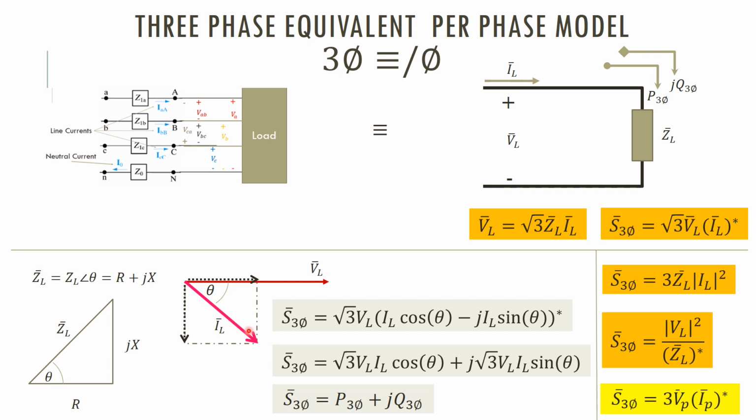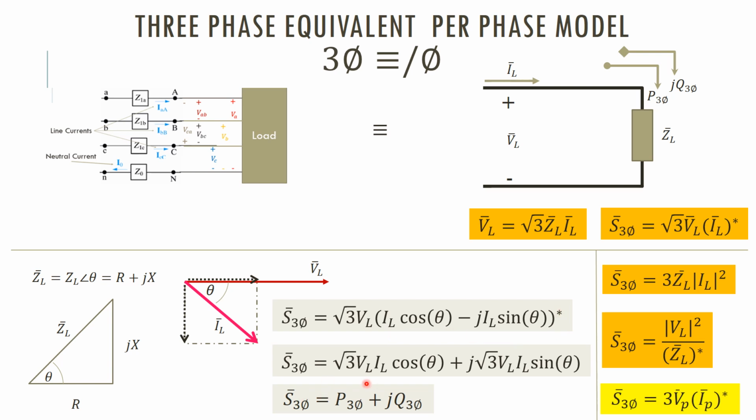Then IL has two portions, IL cos theta and IL sin theta. The IL sin theta is the imaginary component, so that is actually minus j IL sin theta. Then you can substitute this IL phasor as IL cos theta minus j IL sin theta, conjugate.